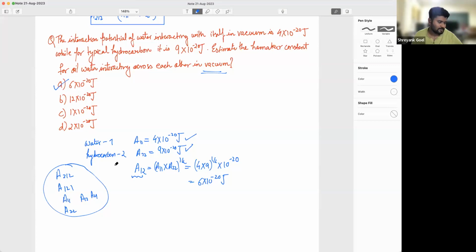So now the next question, let's look at what happens if we have two different kinds of particles.